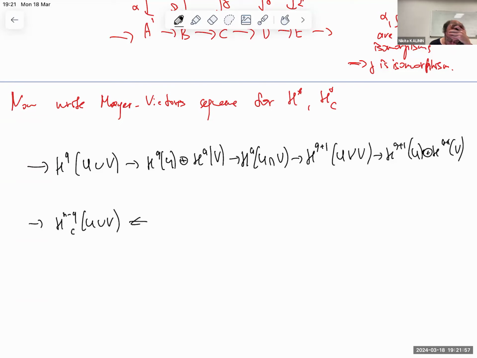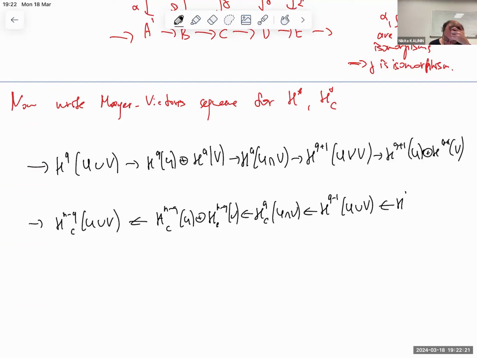Also here all the arrows go in the other direction, and there is a map to H^(n-q+1) of U union V.